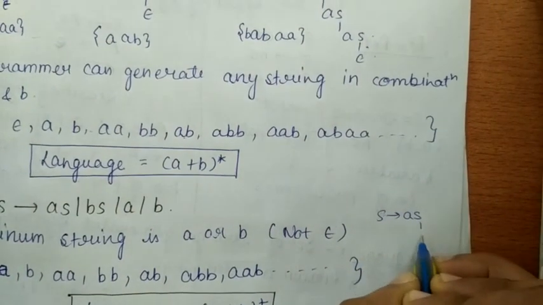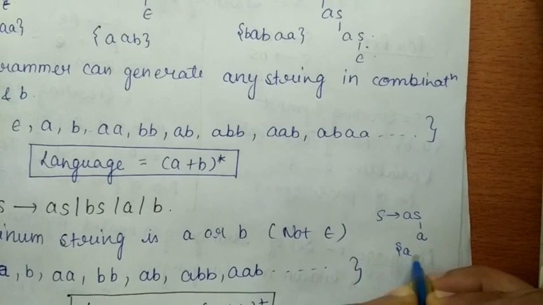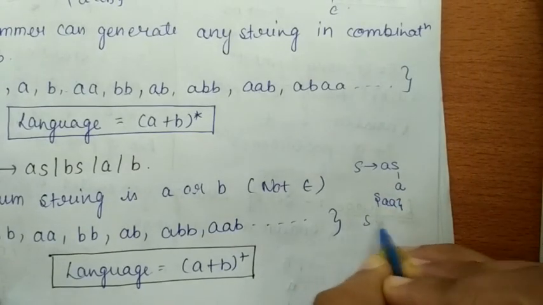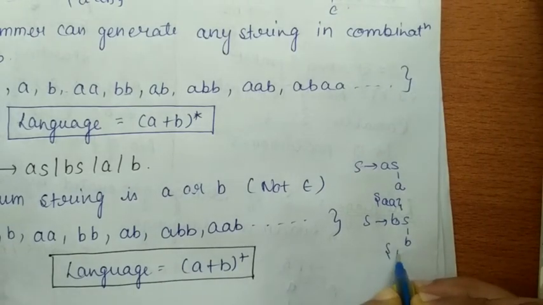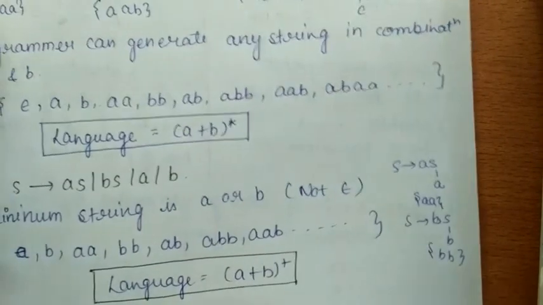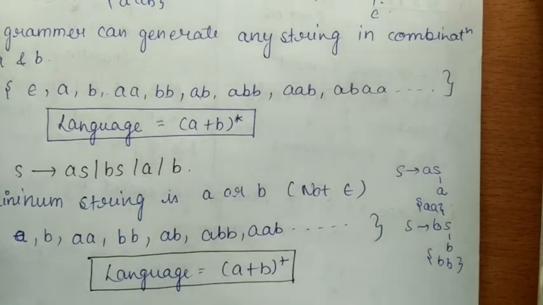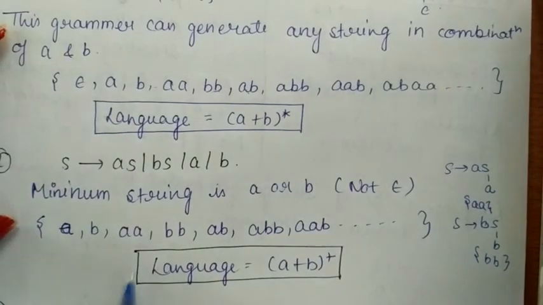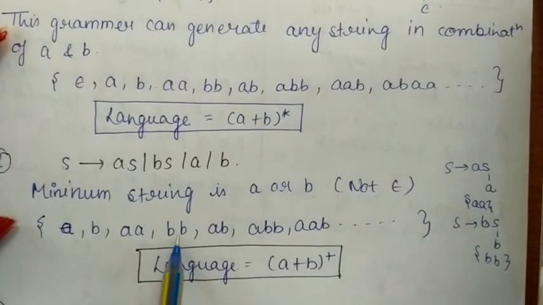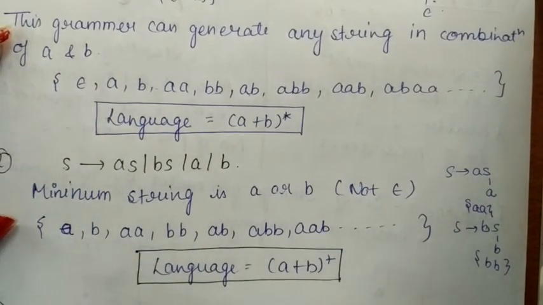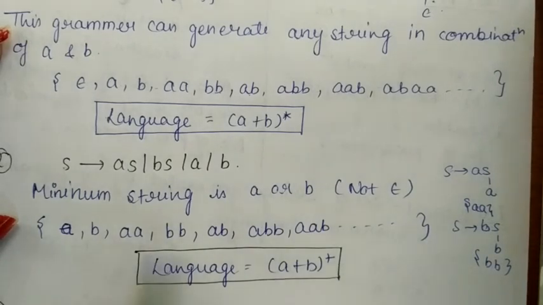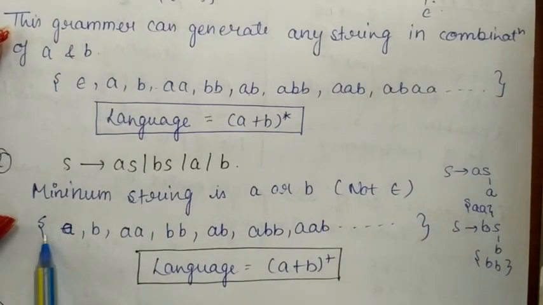Now it can generate any combination. For a one length string, S tends to aS, so we can replace S by a, and it will generate aa. Now if we take bS and replace S by b, it will generate bb. So it can generate any combination of a or b. It can also generate aa, bb, then ab, then ba. It can generate any combination of strings of a and b, but it is not generating epsilon.